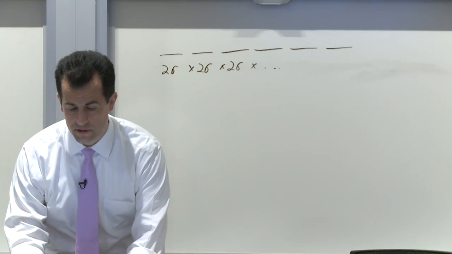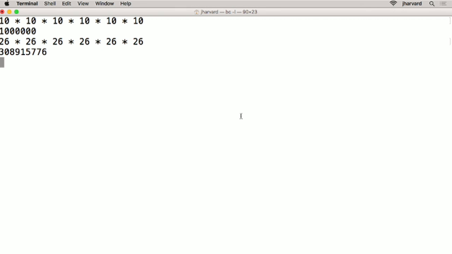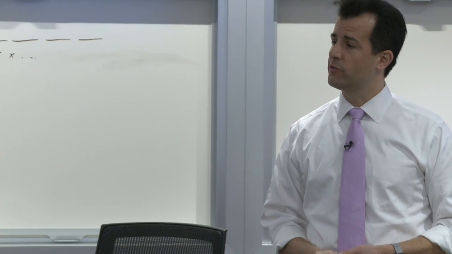So if I go here, this is just my little calculator, and if I do 10 times 10 times 10 times 10 times 10 times 10, that's where we got the 1,000,000 possibilities from for a 6-digit passcode. But if instead we're doing 26 times 26 times 26 times another 26, 26, 26, this is now giving us 308,000,000 possibilities.